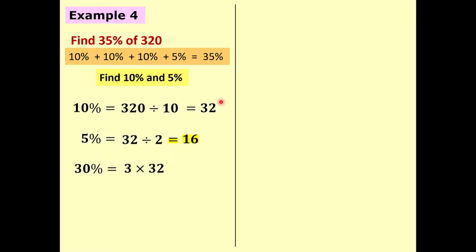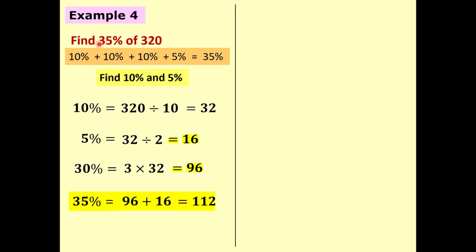So 3 times 32 gives us 96. And the reason I've highlighted these parts is because if we take our 30% and we add it to our 5%, we will get our 35%. Okay, for our 35%, we just need to take our 30% and add it to our 5%. So 96 add 16 to give us 112.